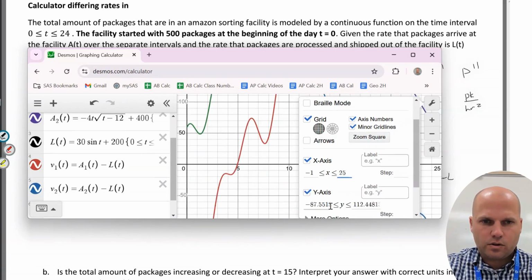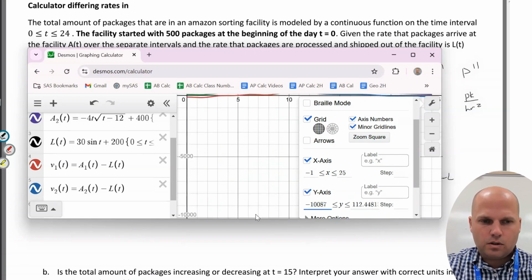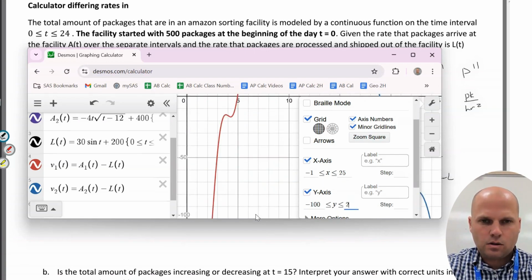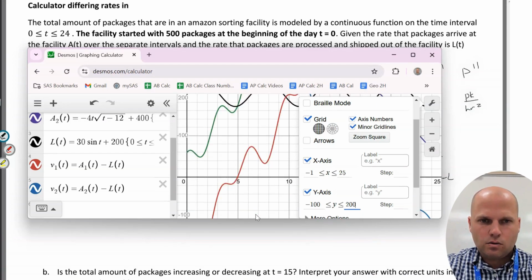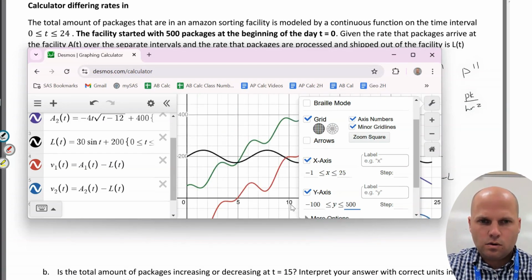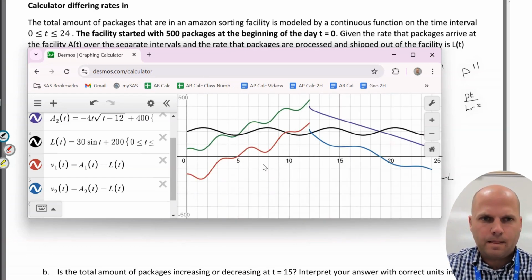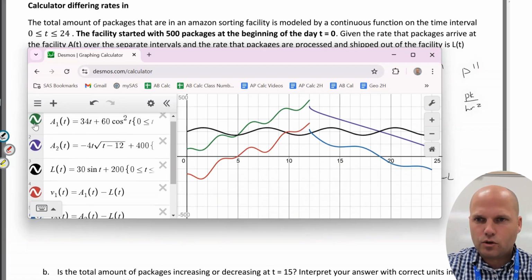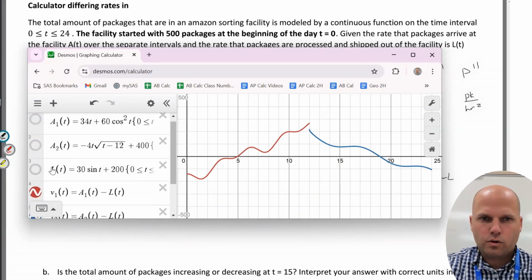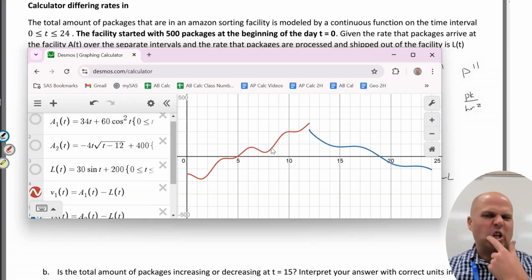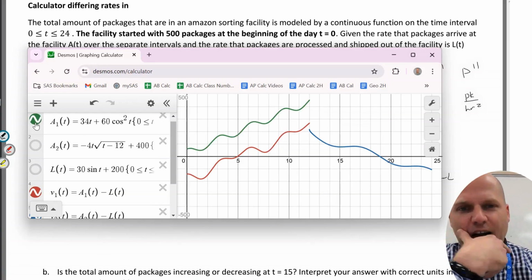There is the velocity. Here is my rate in.